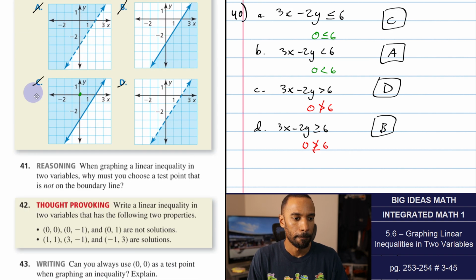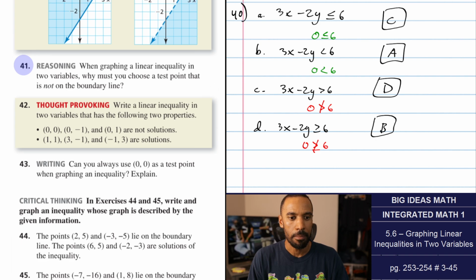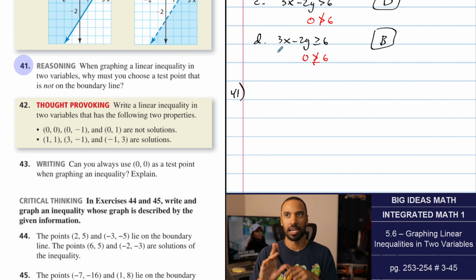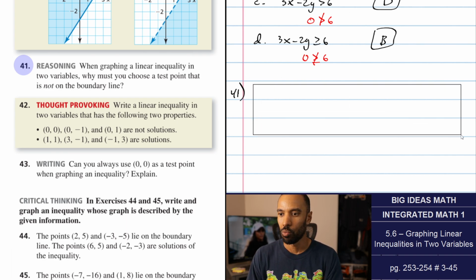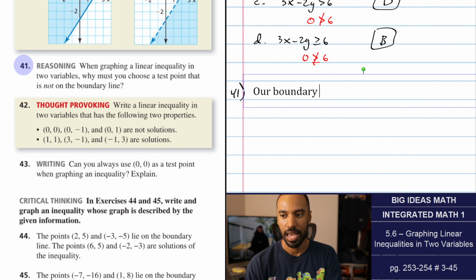Number 41. When graphing a linear inequality in two variables, why must you choose a test point that is not on the boundary line? Well, right, we don't test 0, 0 if 0, 0 is on the boundary line because that's not a test for which side we shade on.